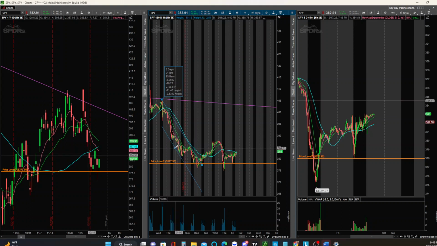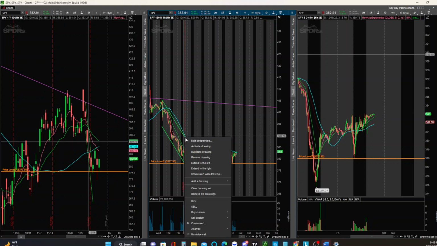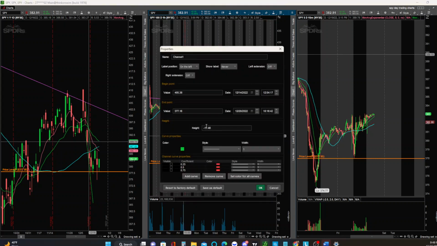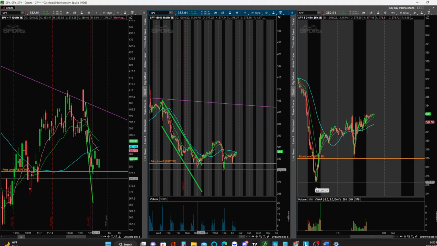So we're just going to draw that there. Let me make it a little thicker so you can see it better. Right, so I'm going to make it a little thicker, pause. But anyway, right here, it's on the way down, and then now it's going to break out here.